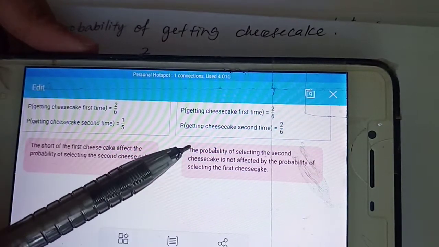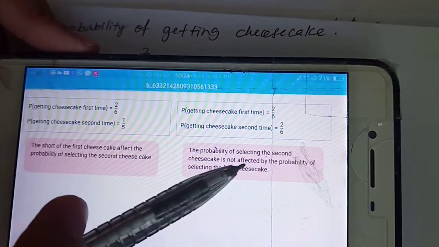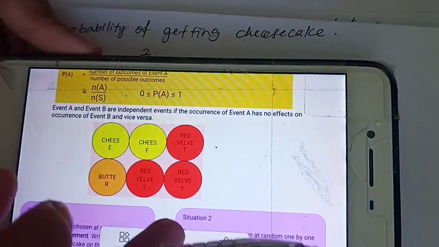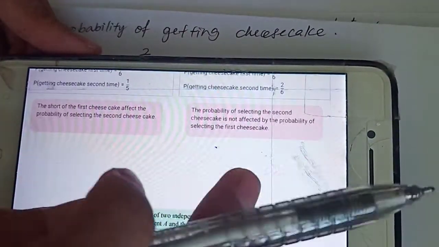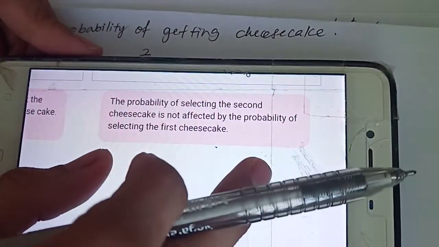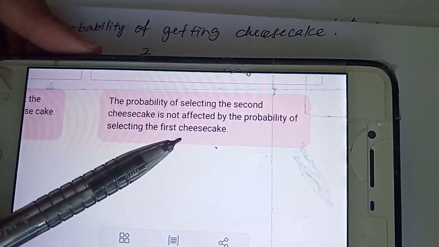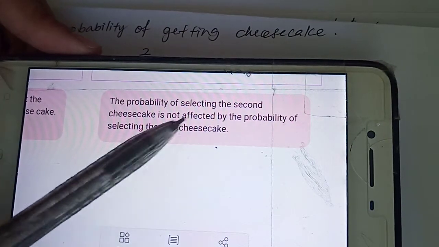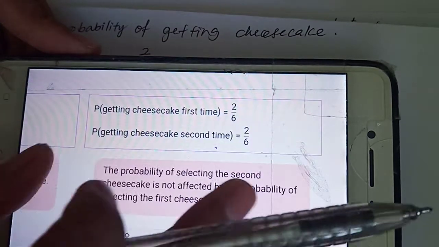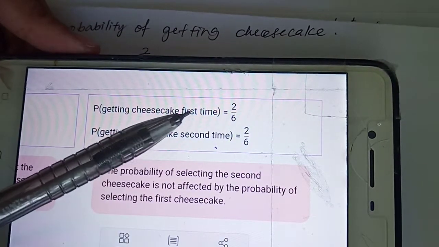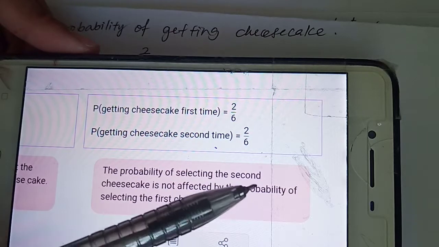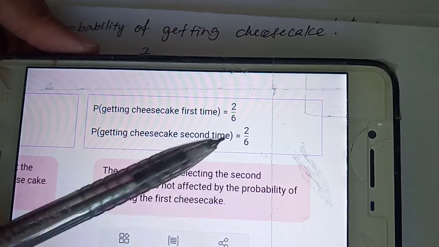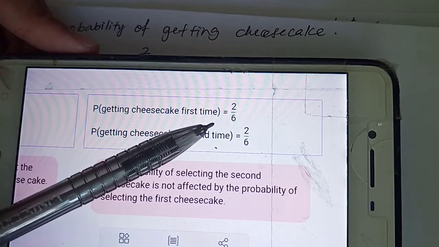Whereas in the second situation, the probability of selecting the second cheesecake is not affected by the probability of selecting the first cheesecake. I take out one, I record the flavor, and I put it back again. So the probability of the second time is not affected by the first time.